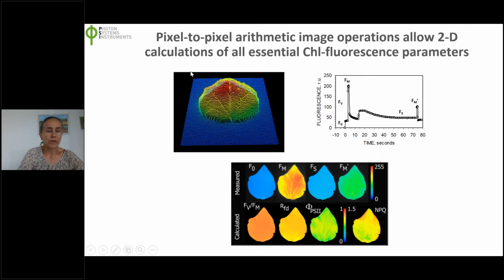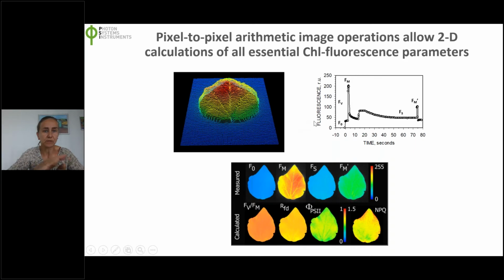So when this is taken together, what we get is pixel to pixel kinetic information, depending on the type of measurement we design, which provides us the spatial heterogeneity information over the entire surface of the plant.